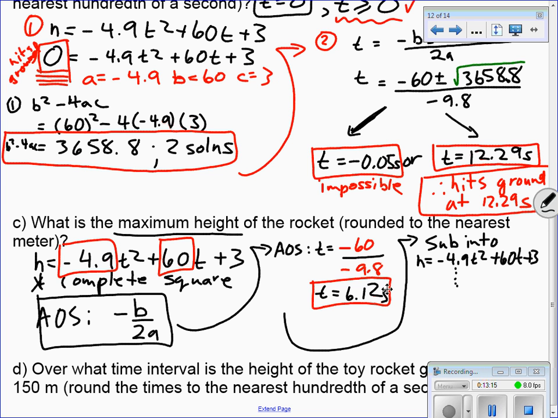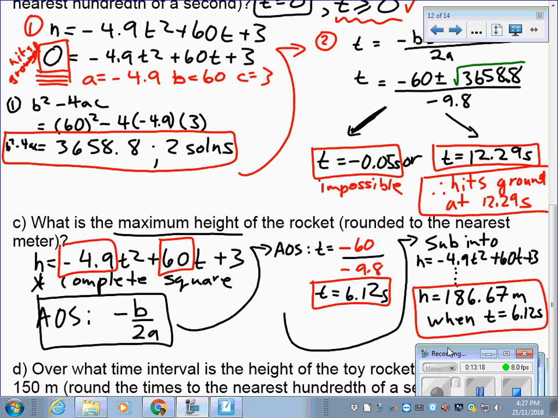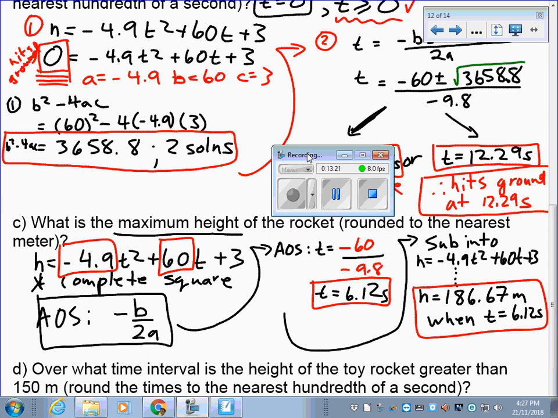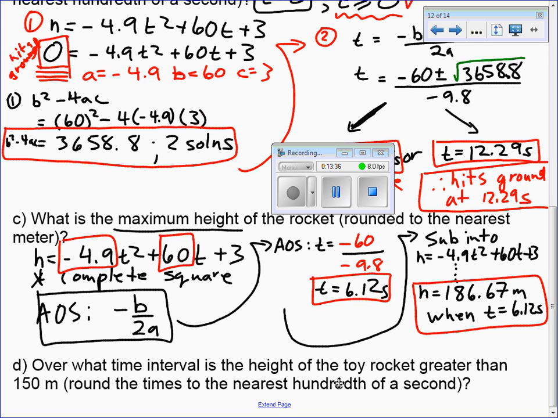Doing that, when we back substitute into our equation, we end up with h being 186.67 meters when t is 6.12 seconds. It's not that difficult.